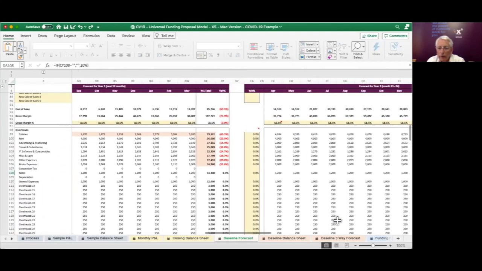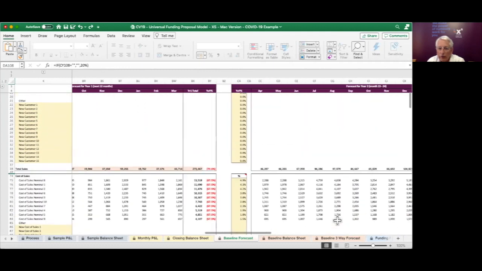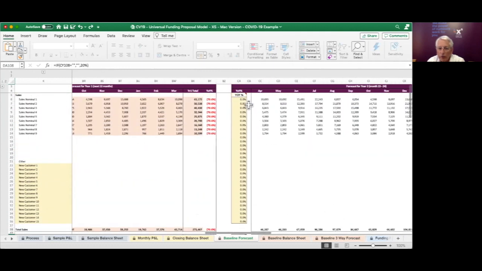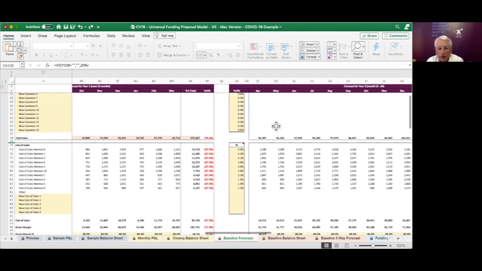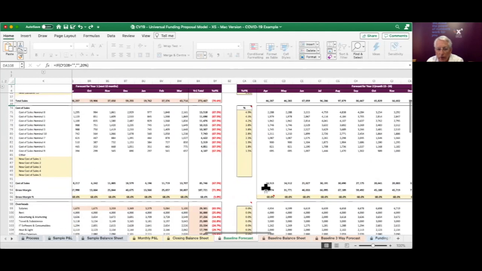You then go on to the year after. So again, you can put a percentage or you can put in figures. I recommend you put in figures rather than percentages, so you think about it. So the forecast for year 2, months 13 to 24, put in the figures for your income, put in the figures for your direct costs.